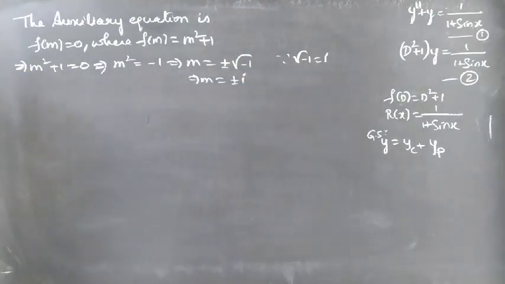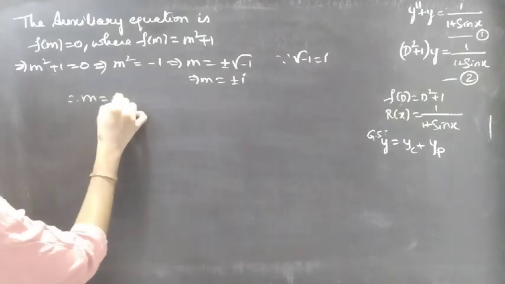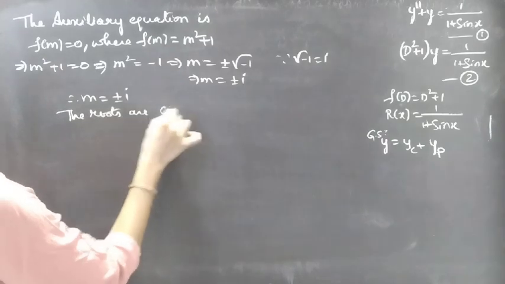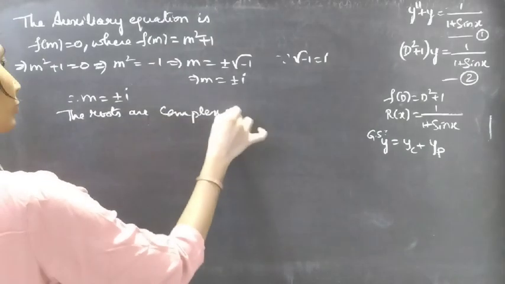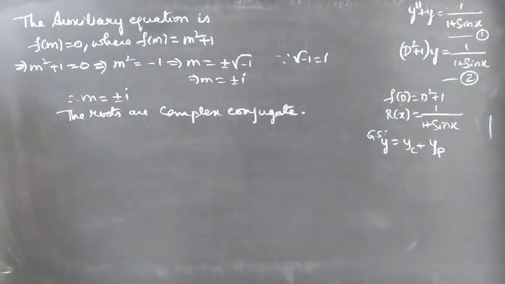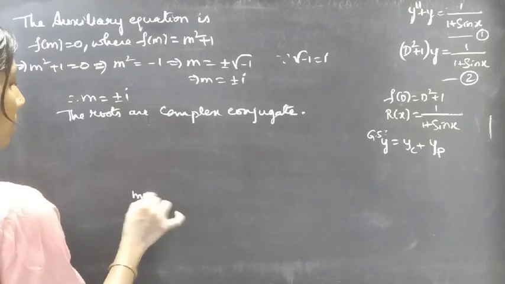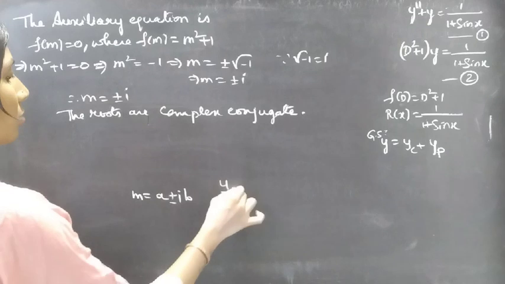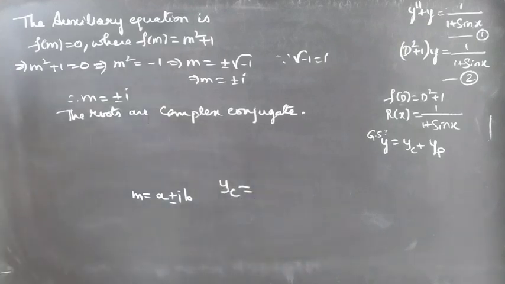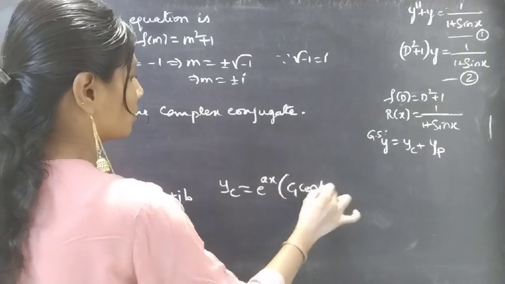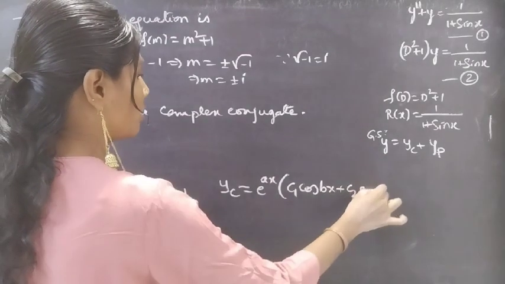The roots are complex conjugate. Therefore m equal to plus or minus i. We know that when the roots are complex conjugate, then yc, that is the complementary function, looks like e power ax of c1 cos bx plus c2 sin bx.